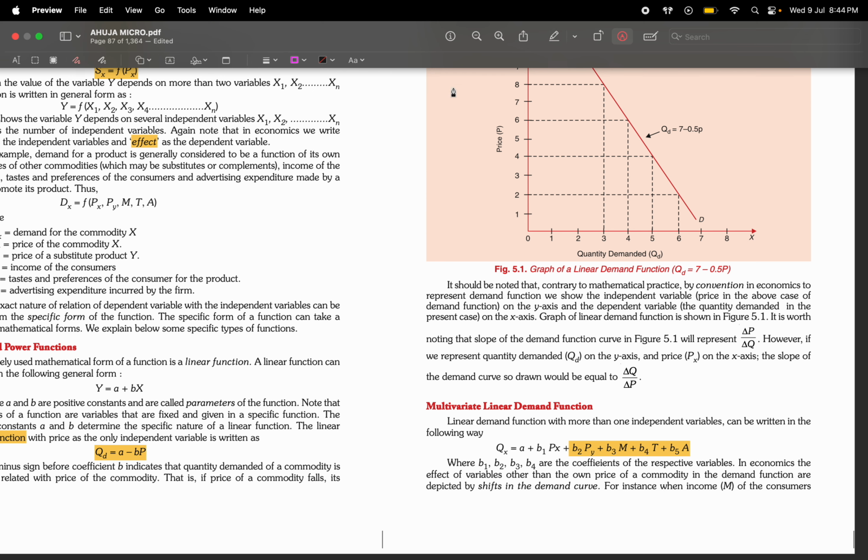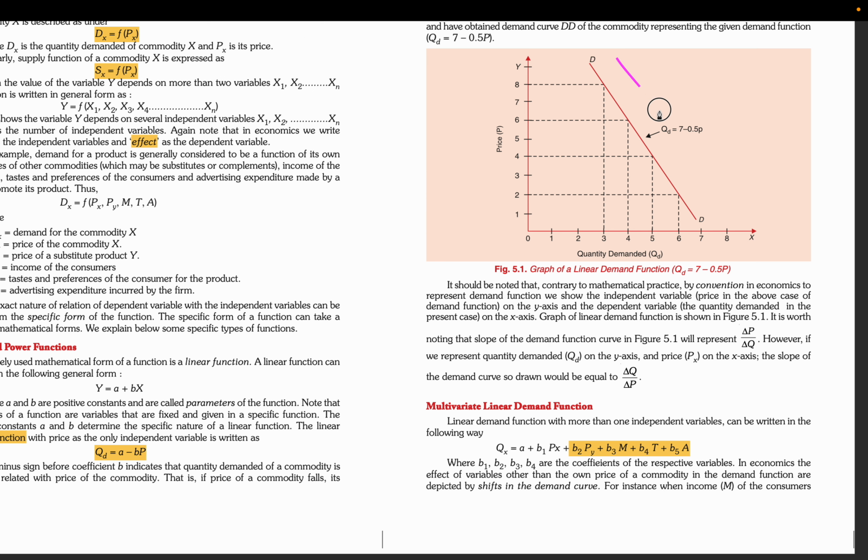So for example, if any of these are causing a shift in the demand curve, it could be a rightward demand curve shift, or it could be a leftward demand curve shift. That's something that we'll see later. But yes, shifting of a demand curve is basically the demand curve going right or left, or upwards and downwards.